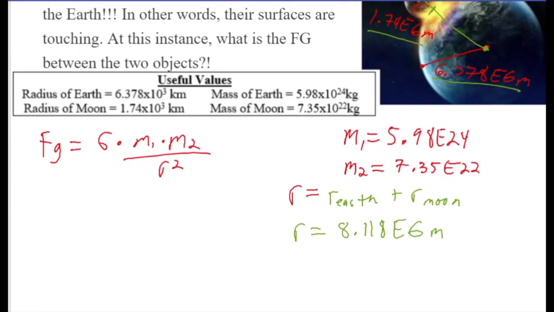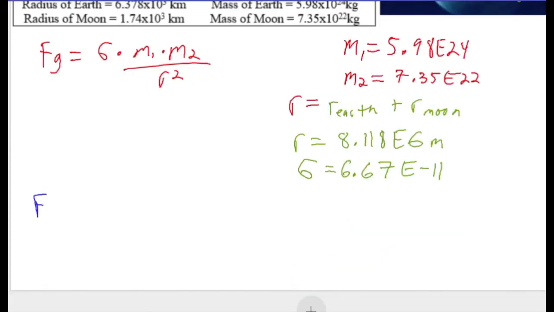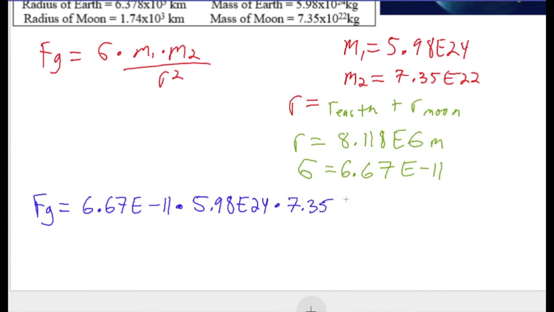And then lastly, we know that our equation needs big G, and big G is just a constant, so it's always the same value, 6.67 e to the negative 11. Now we just need to take all these numbers and plug them into our equation. So we find out that Fg is equal to G, which is 6.67 e to the negative 11th, times M1, 5.98 e to the 24th, times M2, 7.35 e to the 22nd.